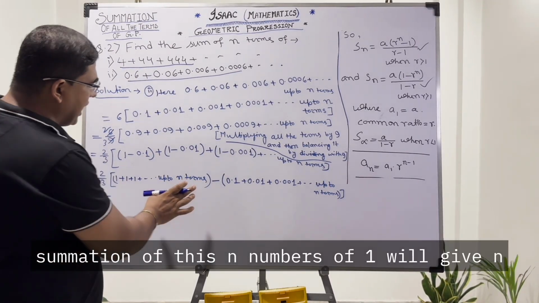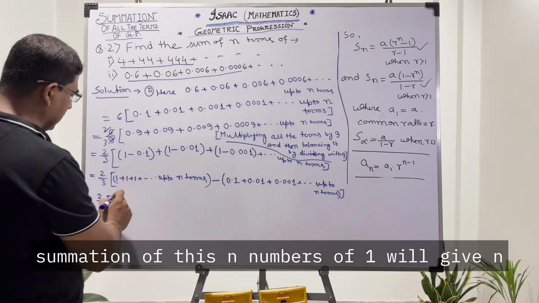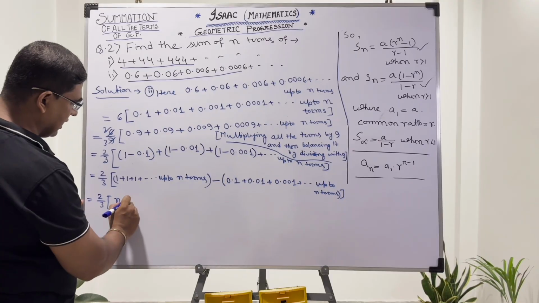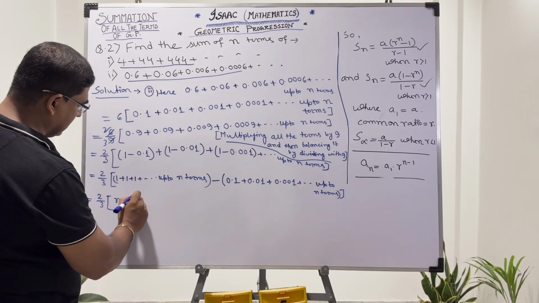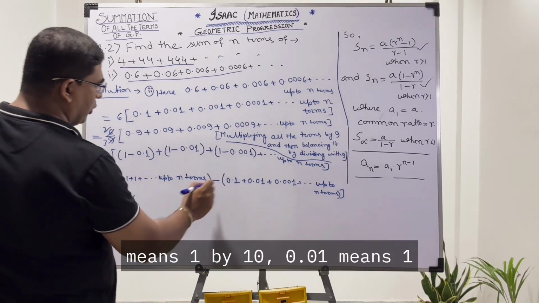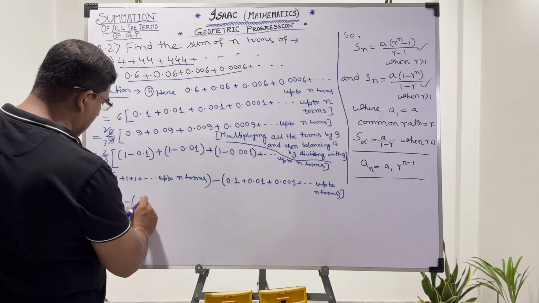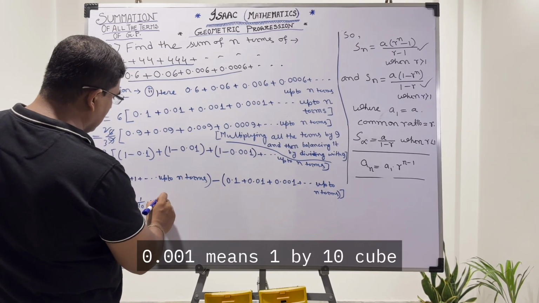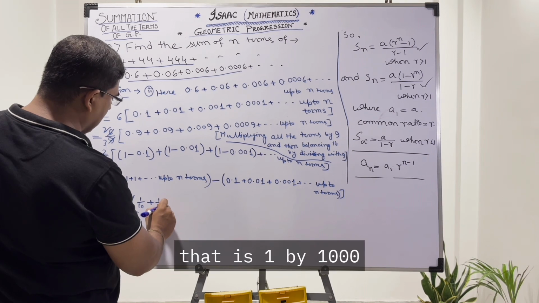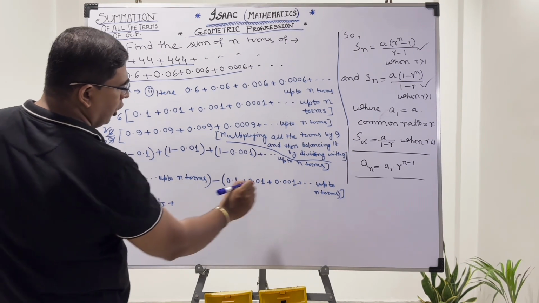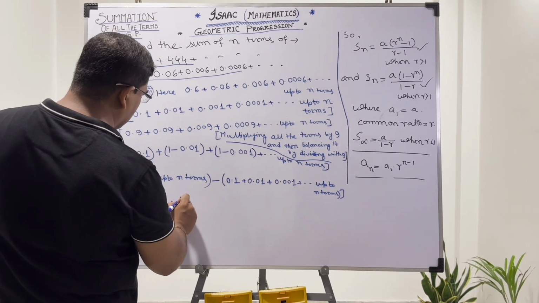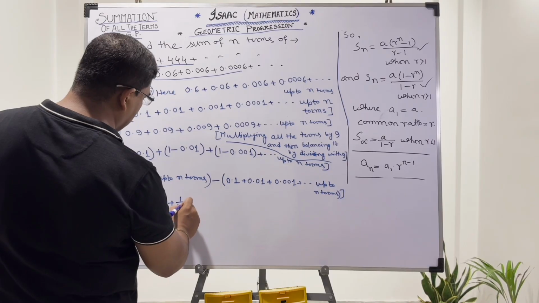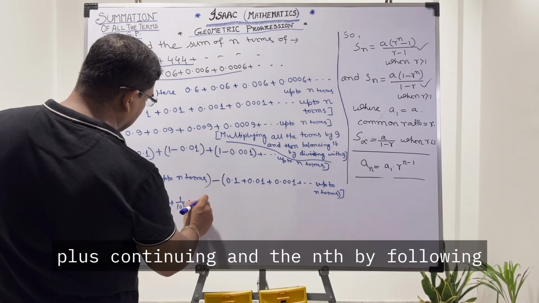Summation of these n numbers of 1 will give n, and 0.1 means 1 by 10, 0.01 means 1 by 100, that is 1 by 10 square, 0.001 means 1 by 10 cube, that is 1 by 1000, plus continuing.